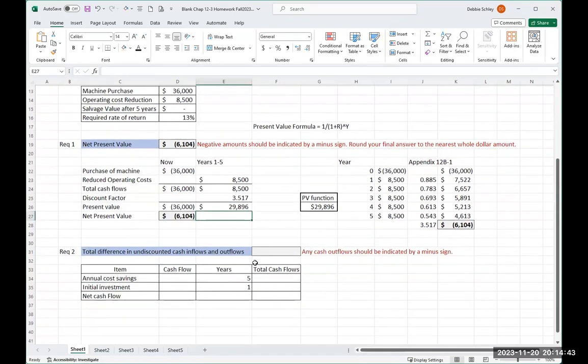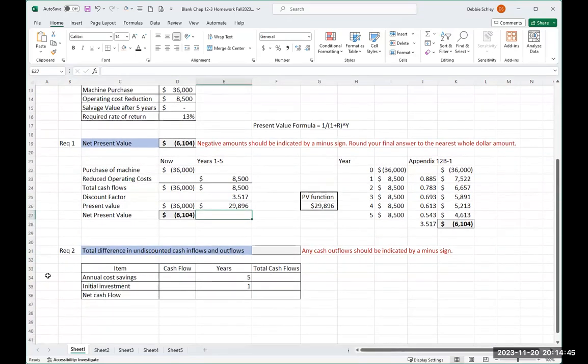Okay, now required 2, they're asking a different kind of a question. They want the total difference in undiscounted cash inflows and outflows. So right up here, we use the discount factor and we discounted all of these inflows of cost savings.